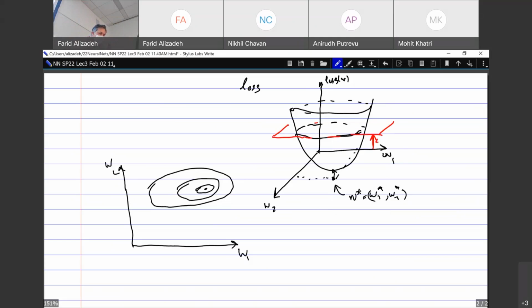And then maybe this one is size 4. And maybe I have another one over here, and that guy has a flat size, for example, 0.5.